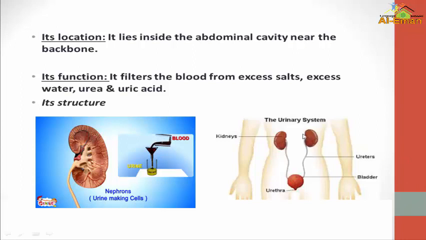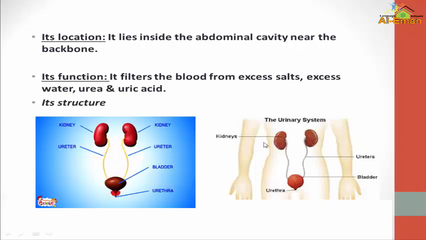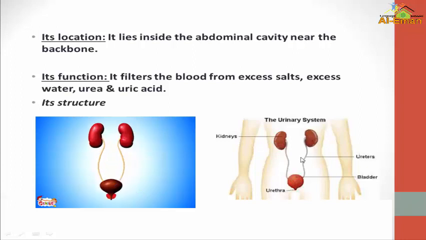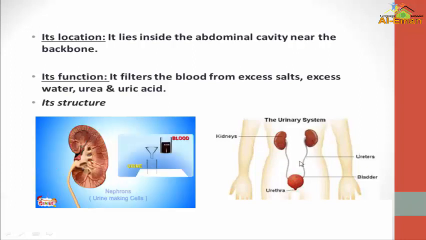The urinary system consists of two kidneys, okay? Two ureters, and the urinary bladder, and the urethra. The last part is called the urethra.